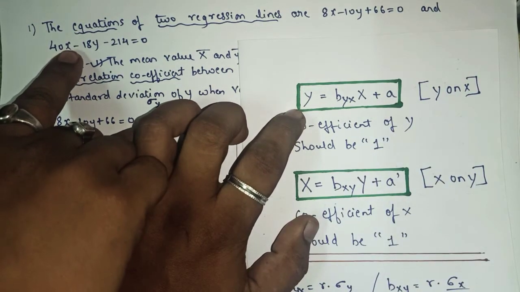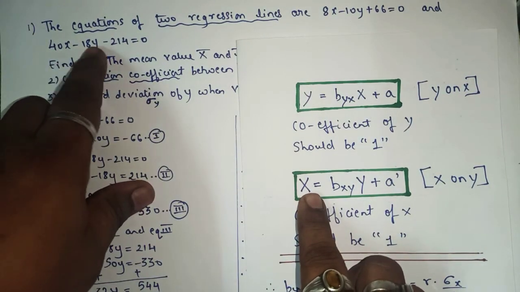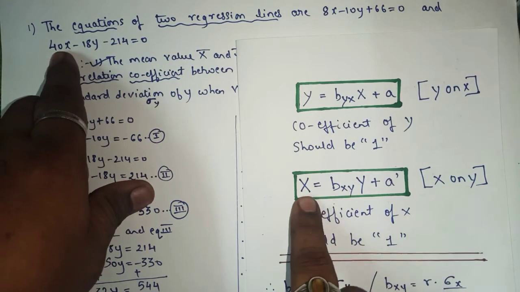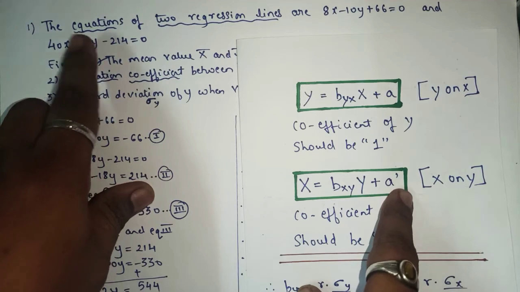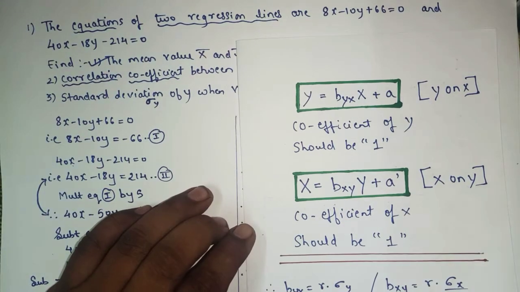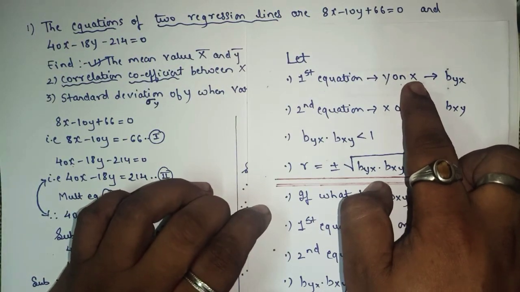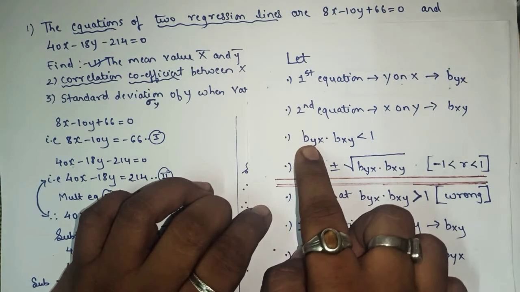For the second one, if you want to convert the second equation into x on y, you will keep x on the left hand side and the remaining number and alphabet on the right hand side to make the equation x on y. So I will consider the first equation as y on x, then the second equation as x on y. Then the third step is what?